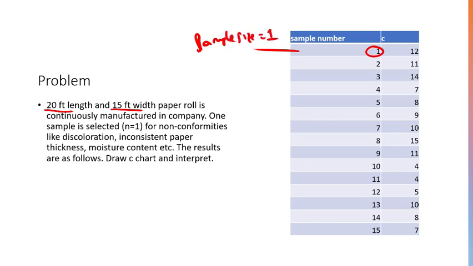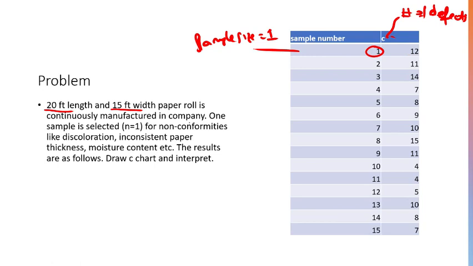Okay, and then we check for discoloration, inconsistent paper thickness, and moisture content, whatever, and then we show them as C. So this one is the number of defects. How many defects are there? So there are 12 defects.